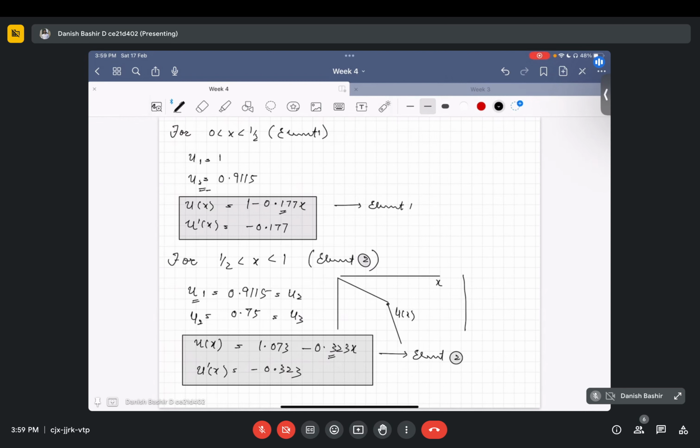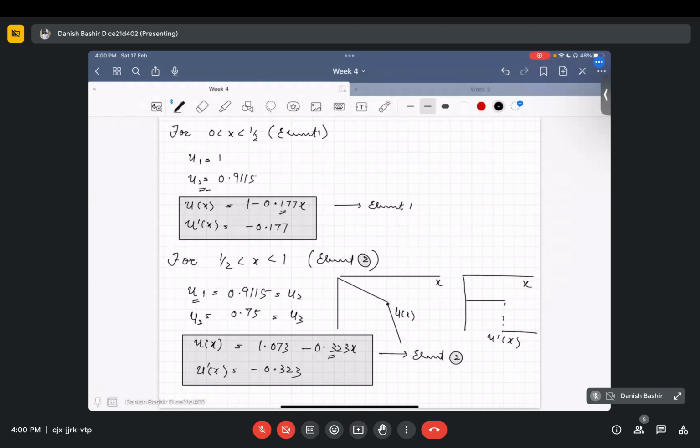If we plot the derivatives as well, we will see that the derivative varies like this. First the derivative is minus 0.177 for the first part, then it is minus 0.33. This is u dash of x, and this is x.